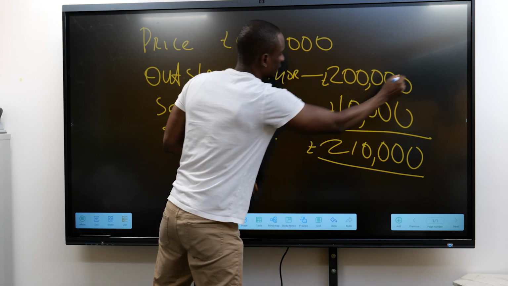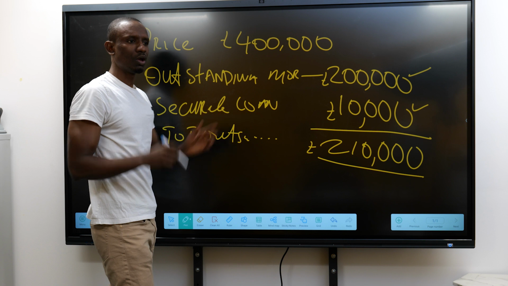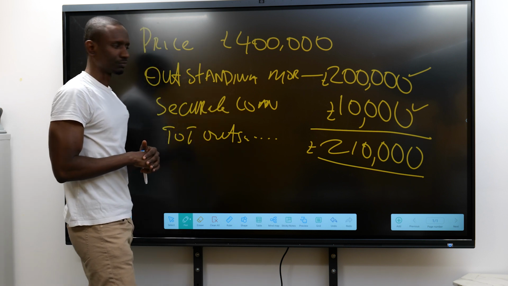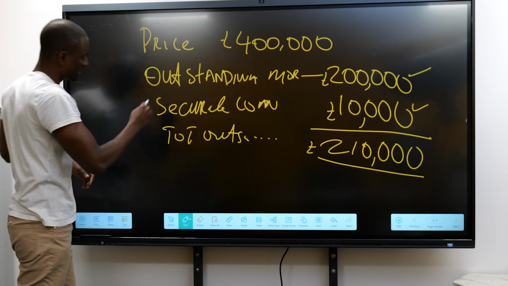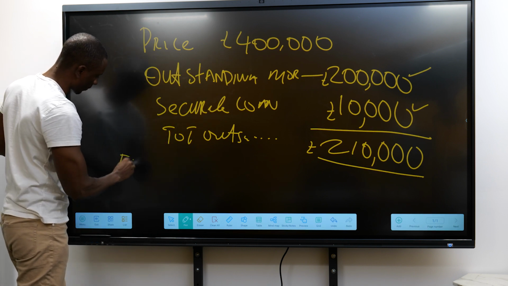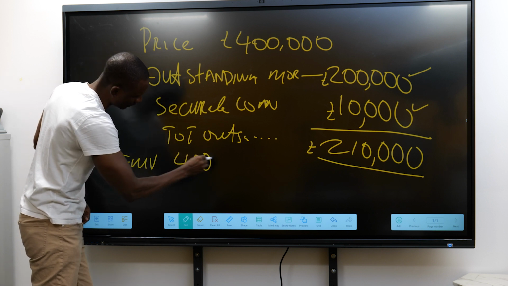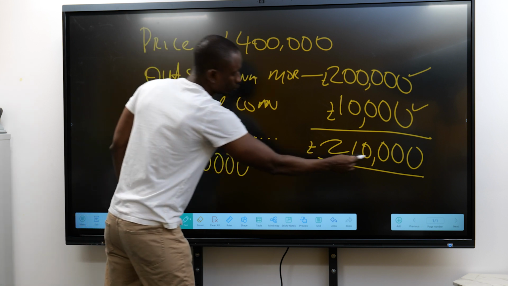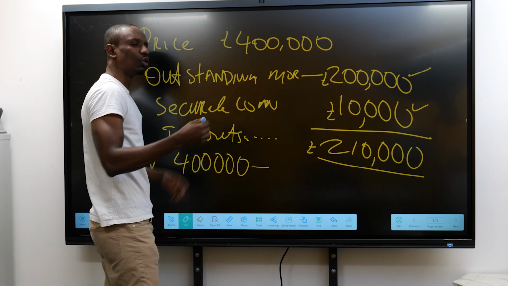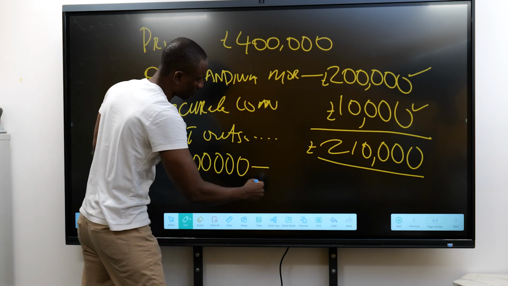This includes obviously our outstanding mortgage and a loan we've taken to spend or do whatever we do. Let's say now that property is worth 400,000. So what happens is 400,000 minus your £210,000, which is the debt and your outstanding mortgage.